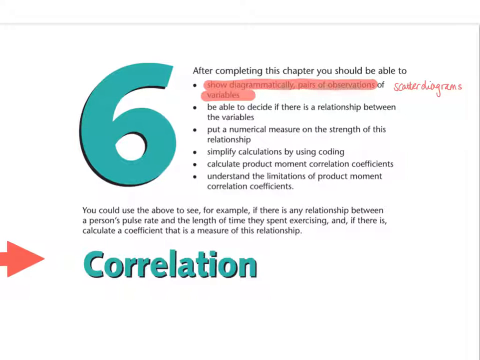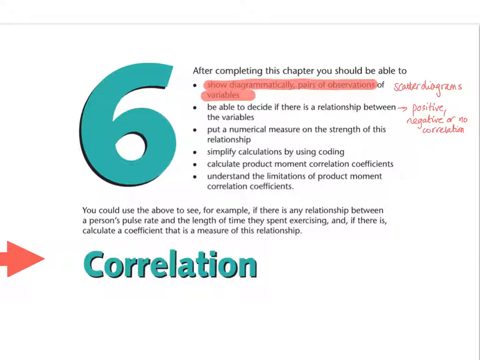Then we've got to be able to interpret these scatter diagrams for positive, negative, or no correlation. So that's a relationship between two variables.